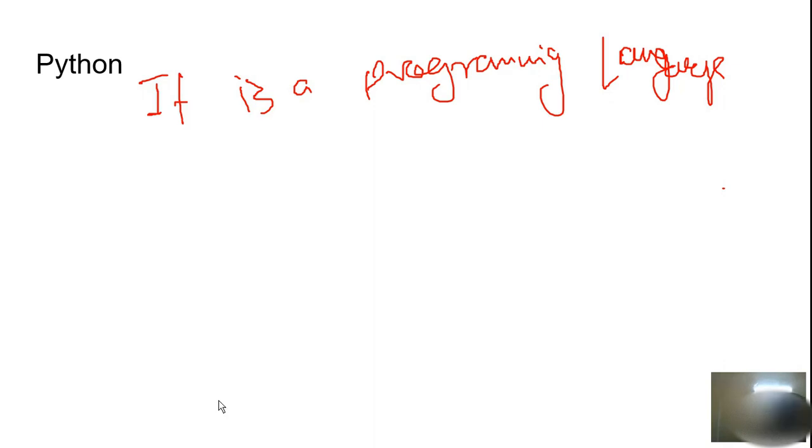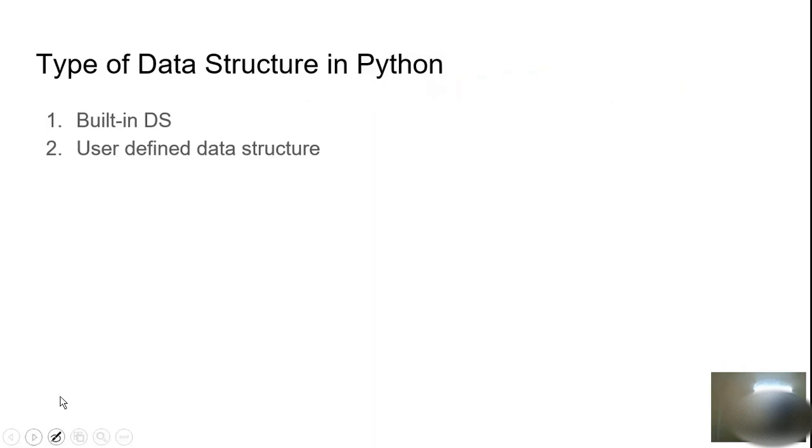Firstly we understand the types of data structure. Now let's move to the next slide, where there are the types of data structure in Python. In Python there are basically two types of data structure: a built-in data structure and a user-defined data structure.